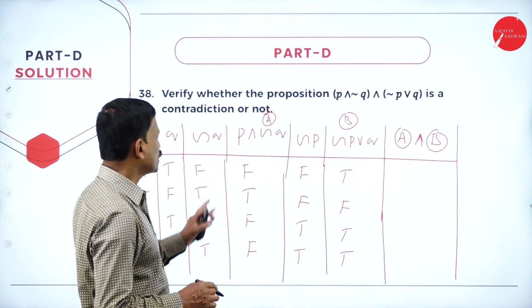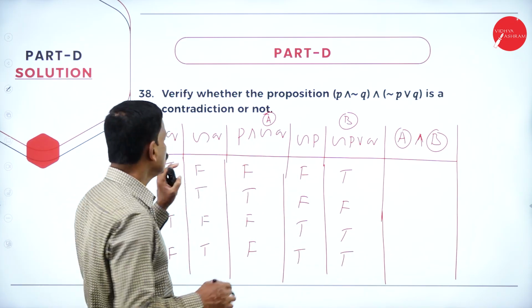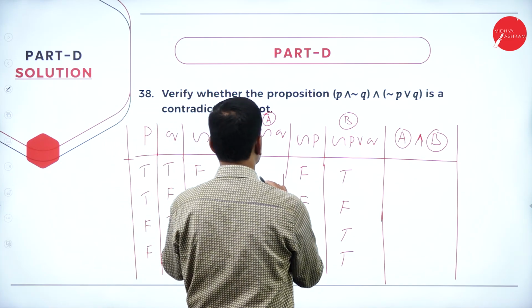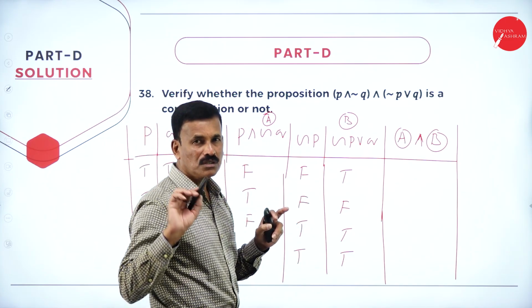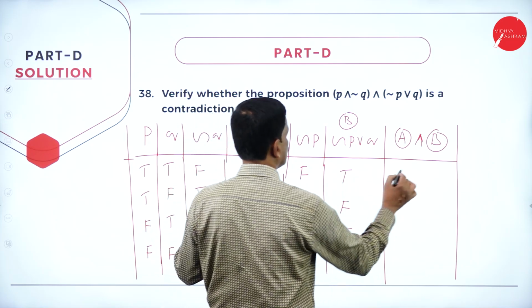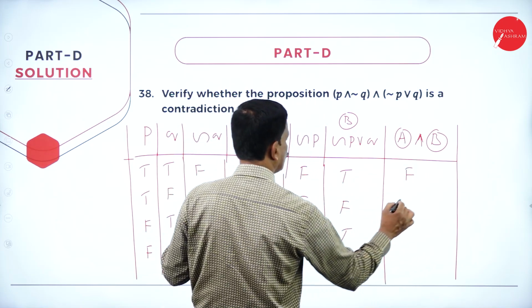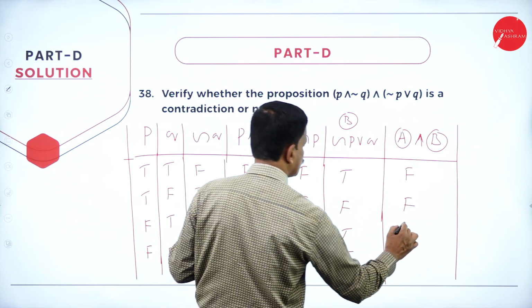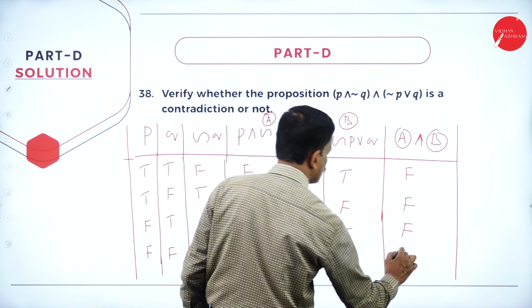Now these two are connected by the conjunction. Conjunction means true only when both are true, in all other cases it is false. False and true is false, true and false is false, false and true is false, false and true is also false.